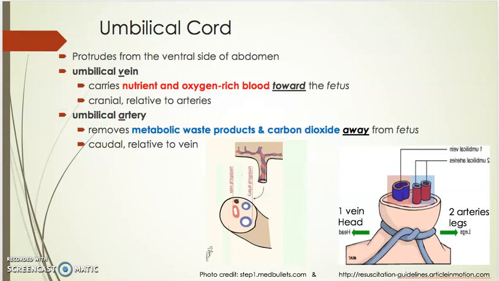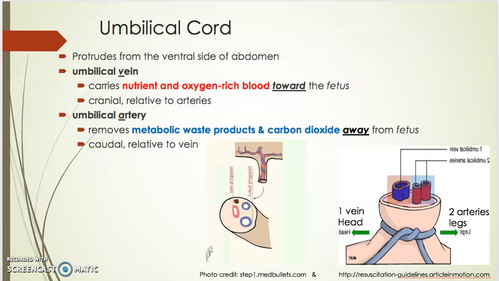And I want you to really underscore that the vein is moving blood toward the fetus, much like our veins will move blood back toward our heart. This umbilical vein is moving blood toward the fetal heart. And as such, it is bringing in oxygen-rich blood.